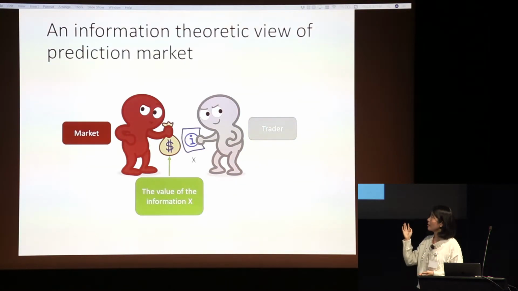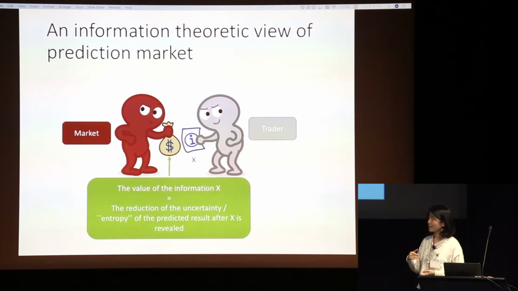So for the trader, he has information X, and then the market is going to pay him the value of this information. So what does the value of the information mean? When more and more information comes, the uncertainty of the predicted result decreases. So we actually pay people the reduction of this uncertainty, or what we call entropy here.